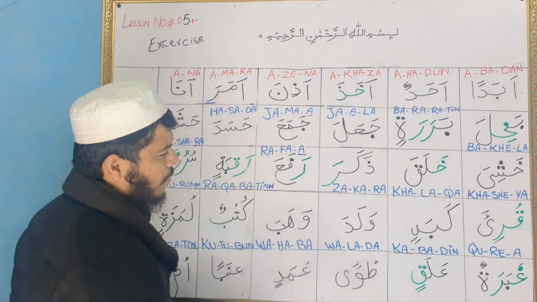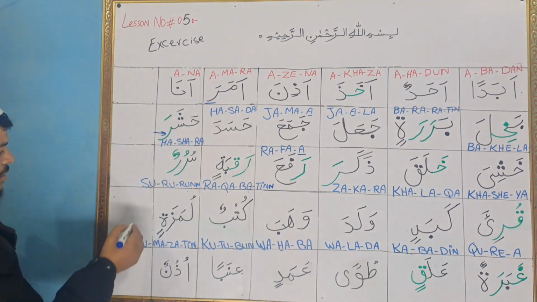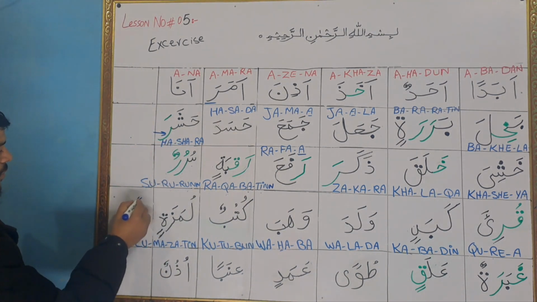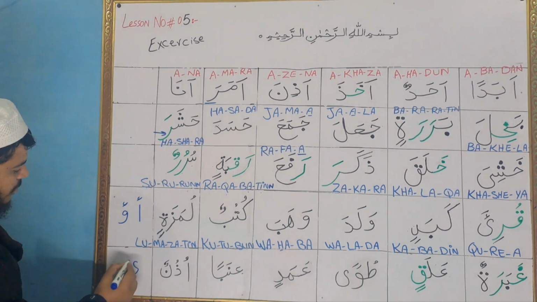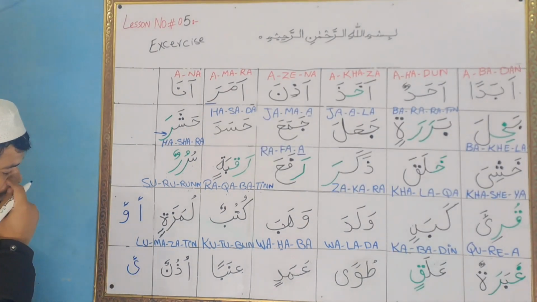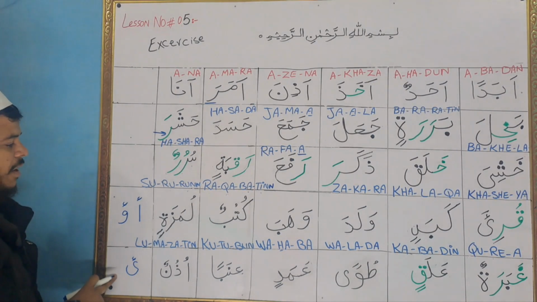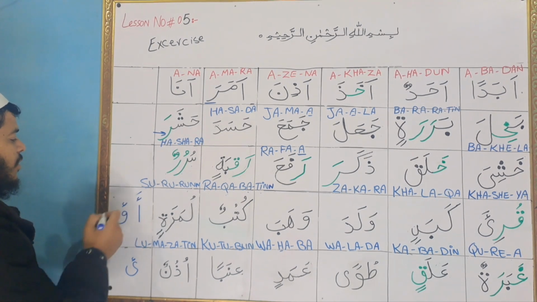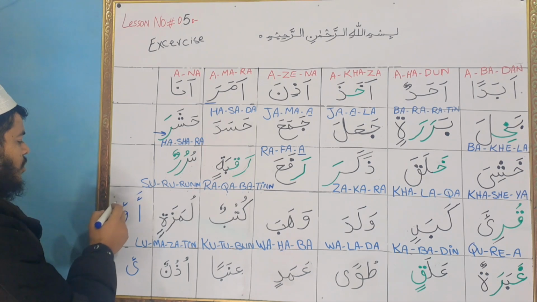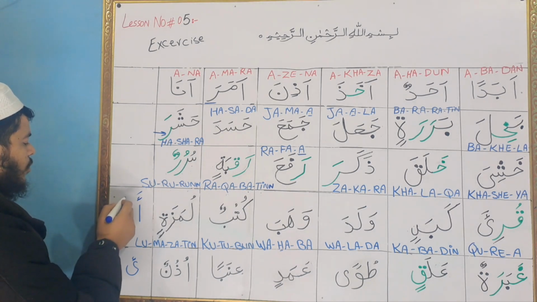You remember in compound letters we discussed three words. When alif comes with fatha on it, waw comes with hamza on it, and ya comes with hamza on it. So we always take it as hamza. Let's say this is having fatha on it, or this is having fatha or dhamma on it.